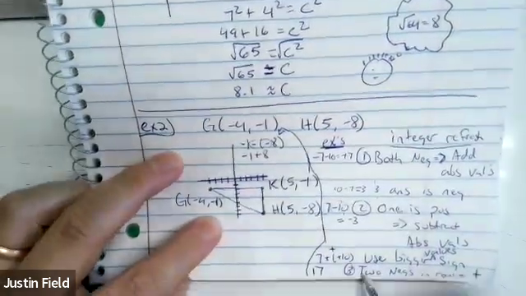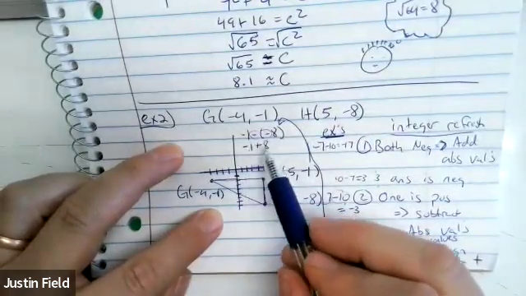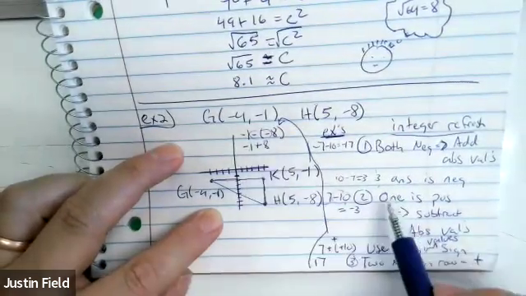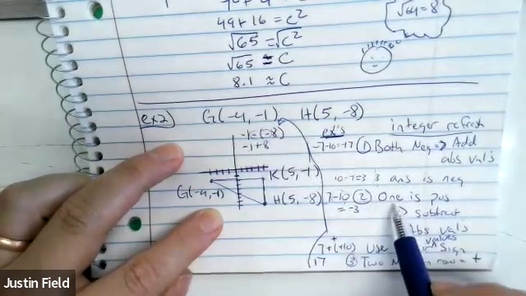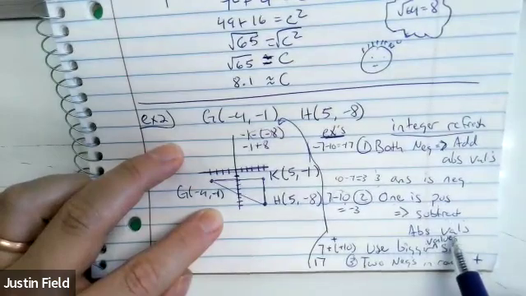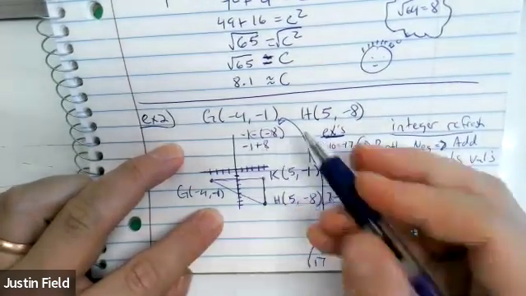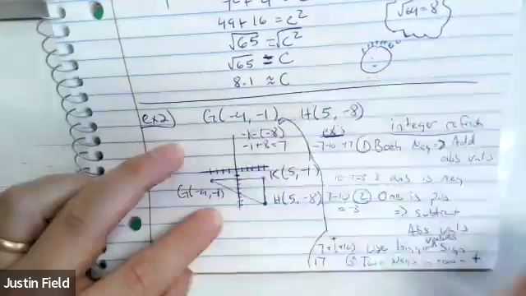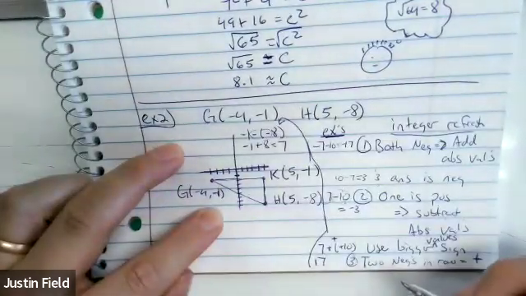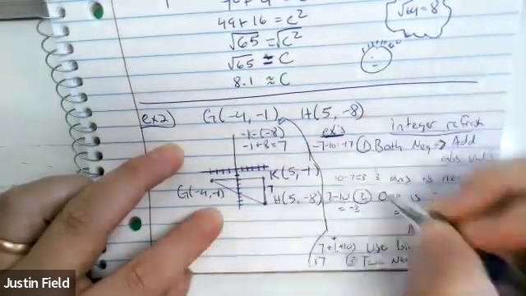That's rule number 3. Secondly, I have a negative number and a positive number, so I'm going to use rule number 2. Where one is positive, I subtract the absolute values. So 8 minus 1 is 7, and the bigger number is positive, so that is a 7.